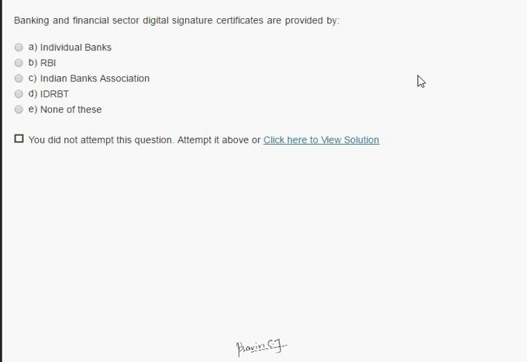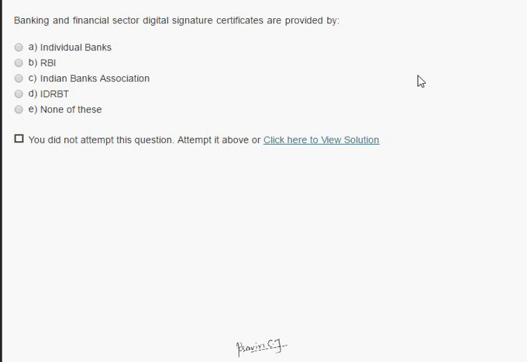The next question is: banking and financial sector digital signature certificates are provided by which of the following? Individual banks? I think not. Are they provided by the RBI? I don't know.